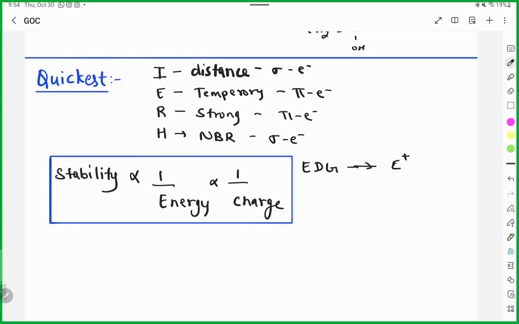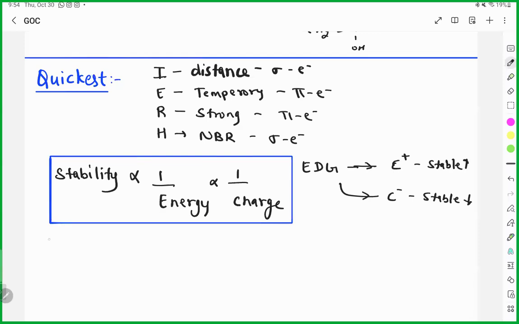If you have a carbocation, it will give electrons and make it more stable with less charge. But in case of a carbanion, the electron donating group will give more electrons, more charge, less stable. So carbocation, carbanion, free radical stability all depend upon the charge.